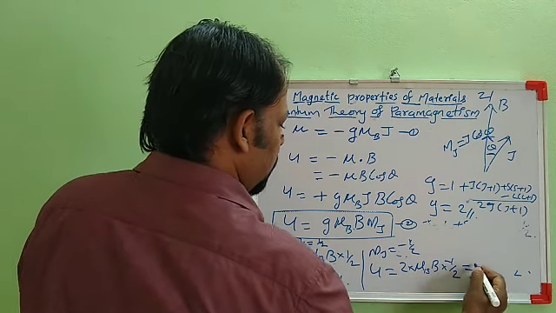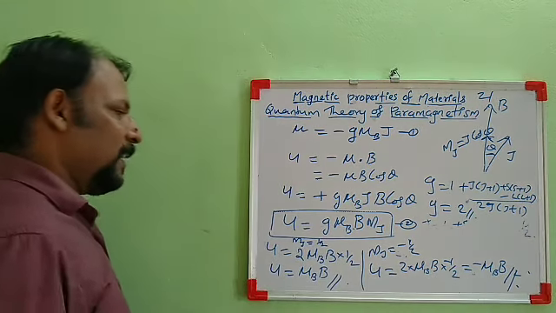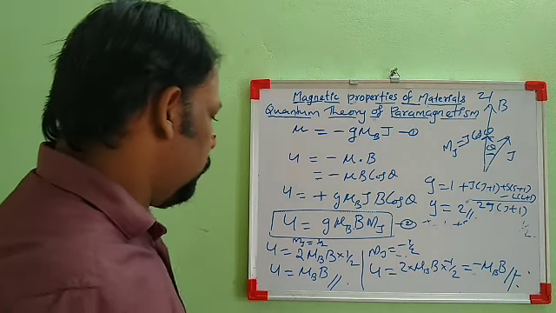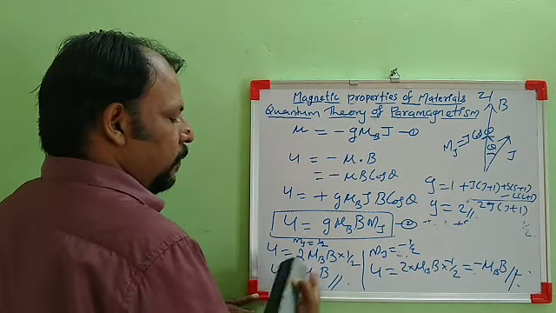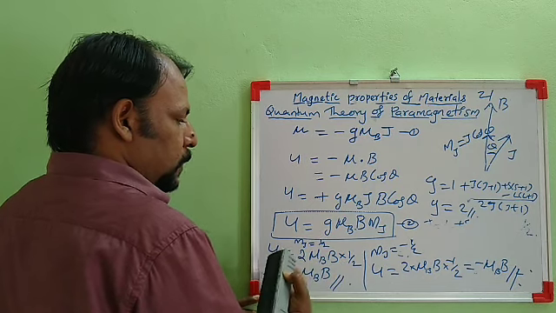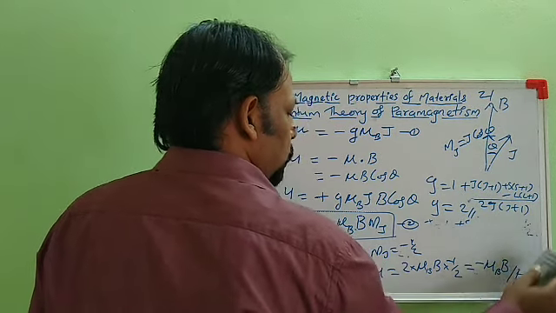So we will be having an energy minus mu B B. So the energy level for S equal to 1 by 2 state, we will be having two energy levels in the presence of magnetic field. One is having Mj 1 by 2 having energy plus mu B B, and Mj minus 1 by 2 we are having minus mu B B.